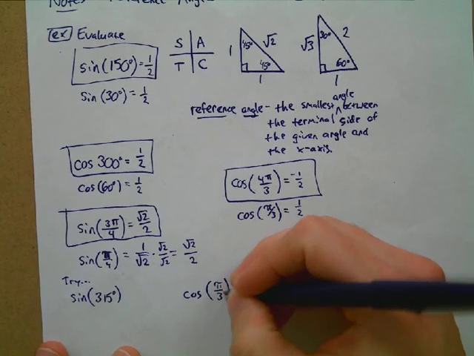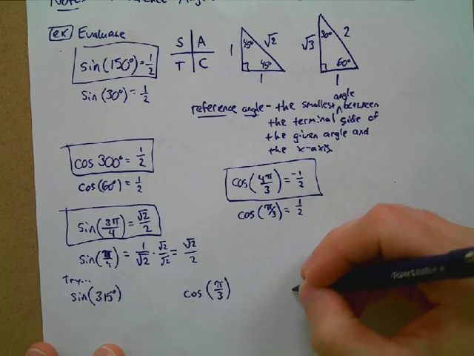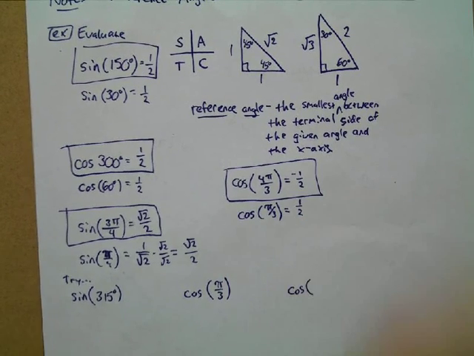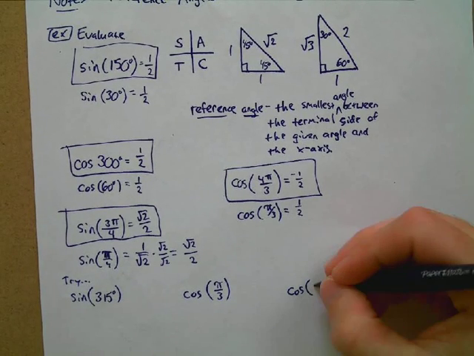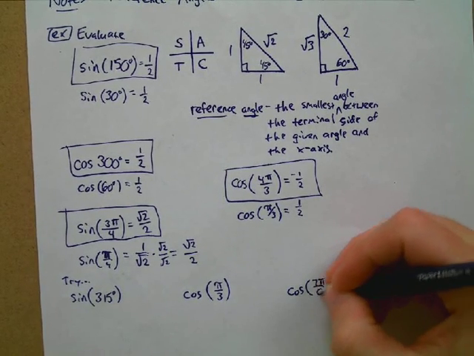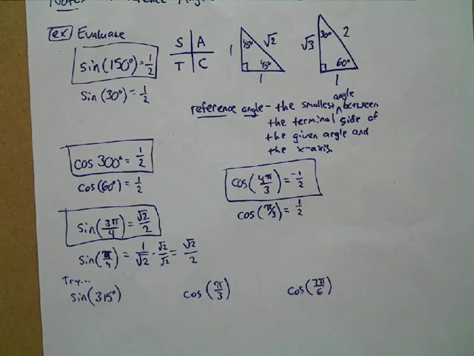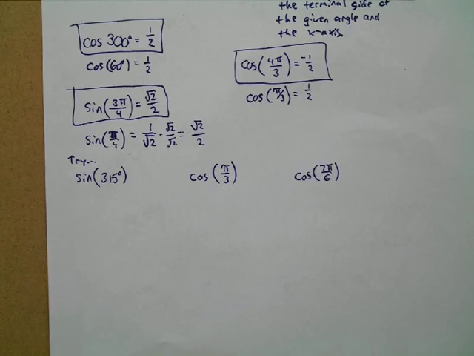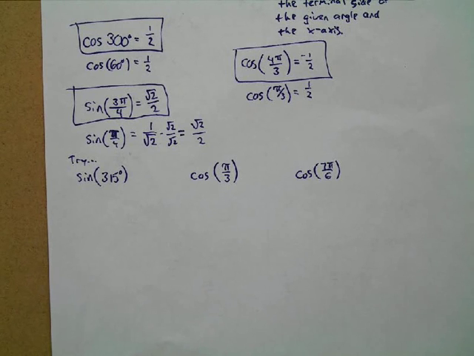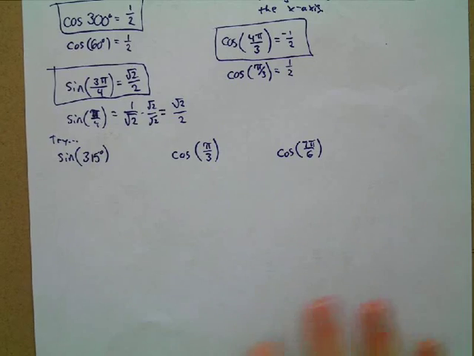Evaluate those three and give them a try. Try not to just look at your unit circle. Try to use the method I was showing you. Identify the reference angle. Evaluate it at the reference angle using those reference triangles. And then make sure you have the right sign. Is it going to be positive? Is it going to be negative?